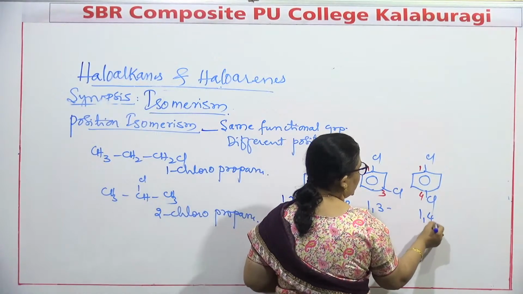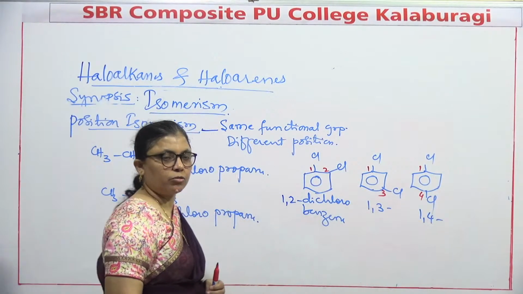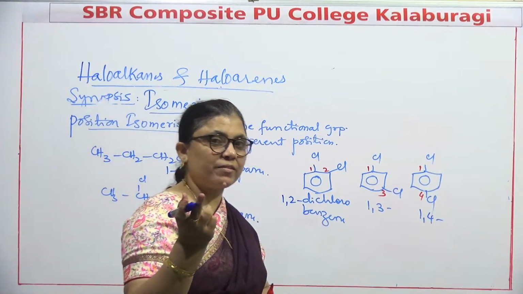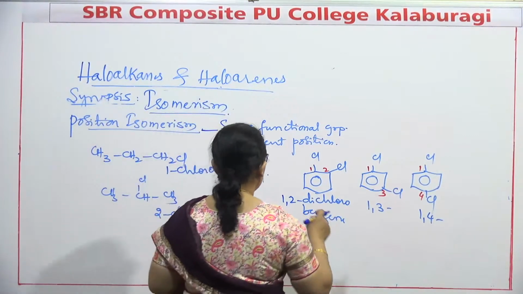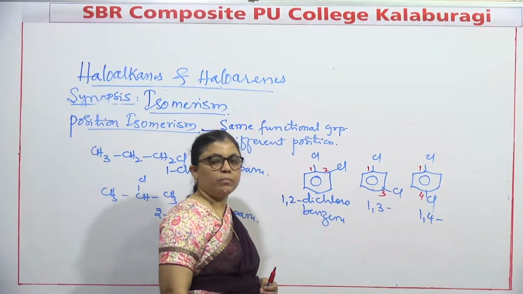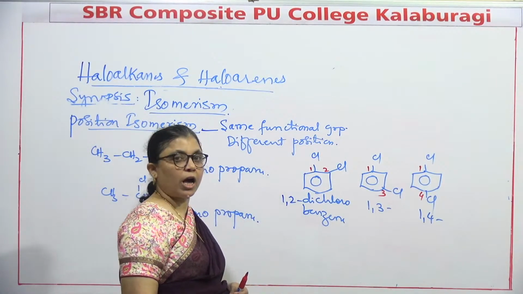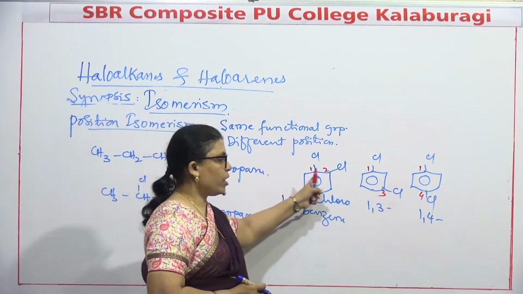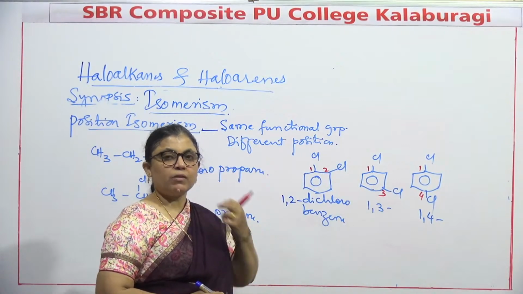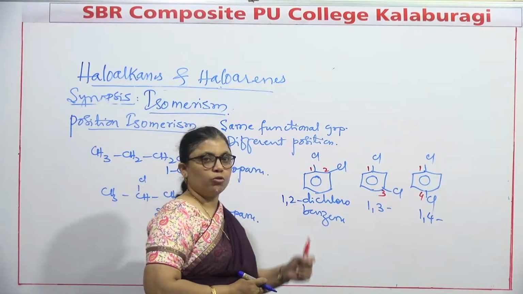And this will be 1,4 dichlorobenzene. Whenever we are writing with respect to halide, according to the common system, do you remember that? We can call it ortho, this will be meta and this will be para. That's why, according to the IUPAC system, we write 1,2, 1,3, 1,4 dichlorobenzene.